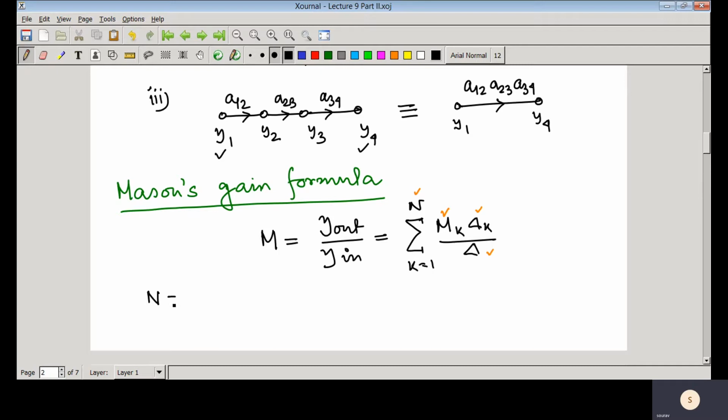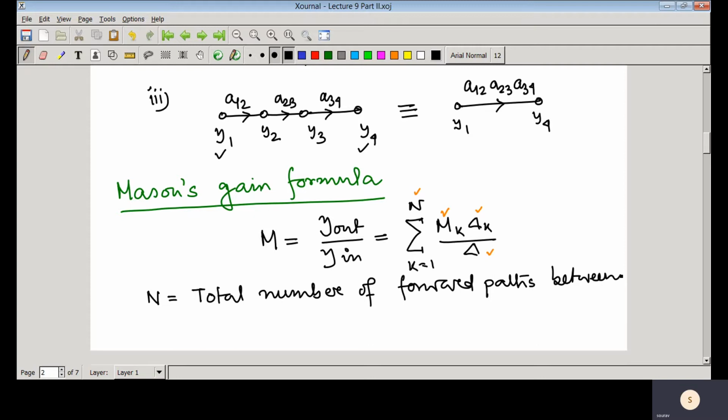N is the total number of forward paths, so already we have seen what is forward paths, total number of forward paths between Y in and Y out.